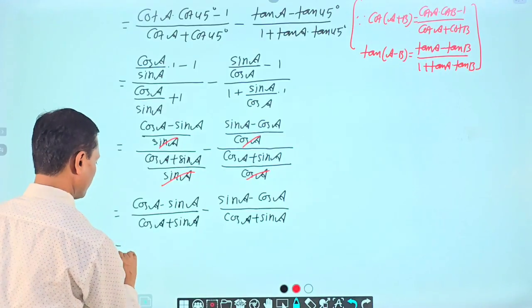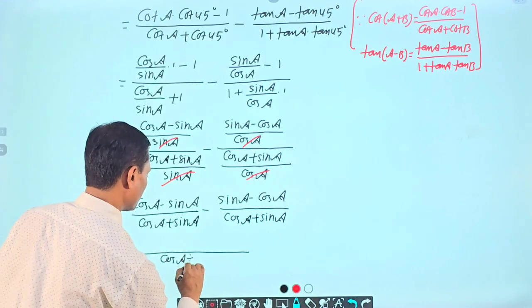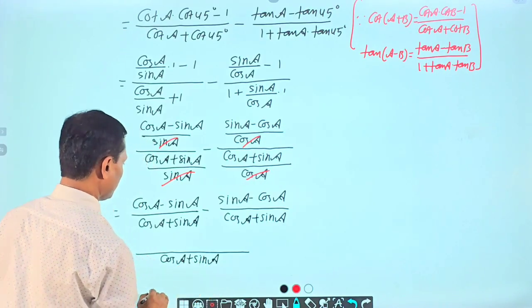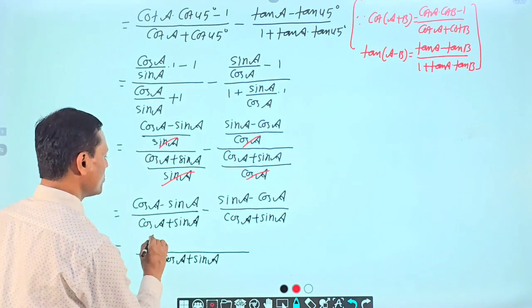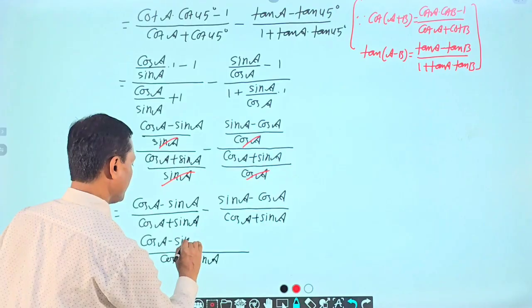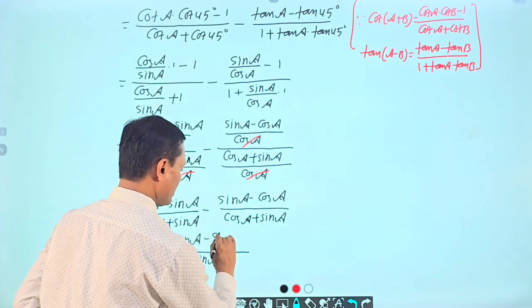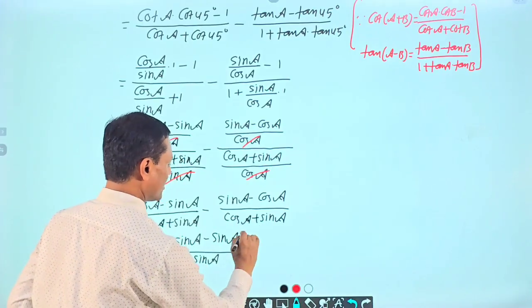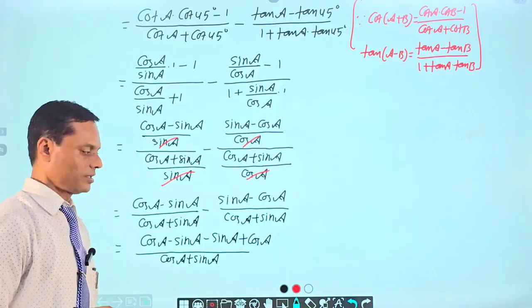So we can take LCM. LCM is cos A plus sin A, and the LCM and the denominator are the same, so we can write the numerator as it is, so it becomes cos A minus sin A, and here is a minus, and it becomes minus sin A, and here minus, plus cos A. Not to forget, don't forget it, otherwise it will be wrong.